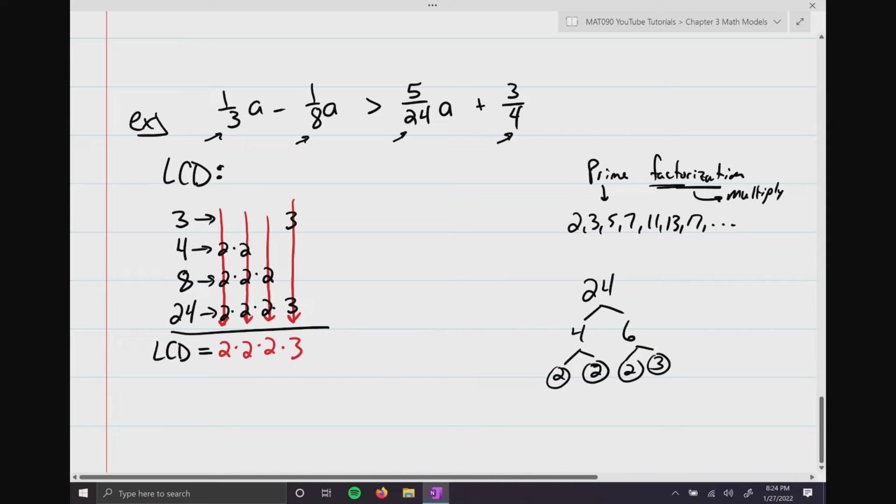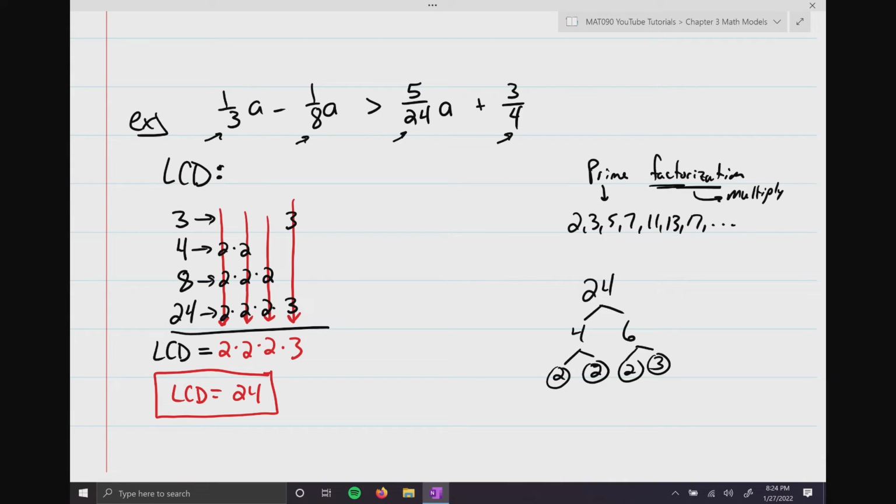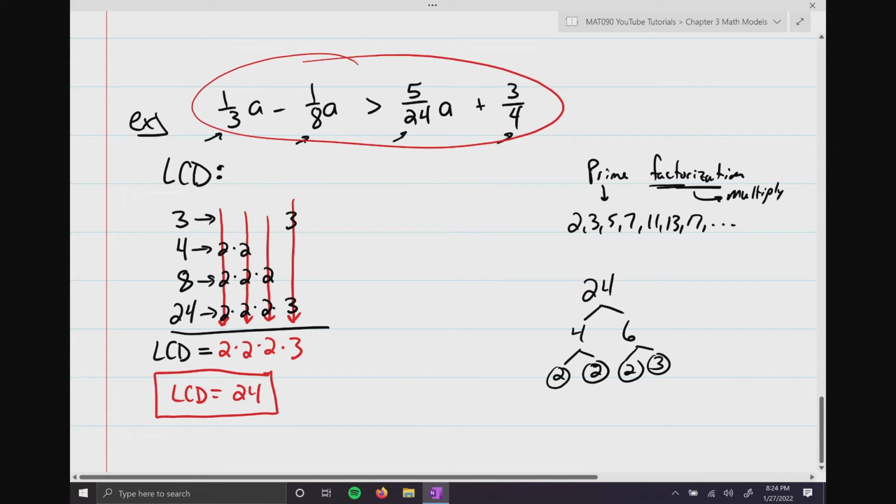So 2 times 2 times 2 times 3 means my LCD is going to be 24. So what do I do with that information? I'm going to take the number 24 and I'm going to multiply it times every single term in my original problem. So let's go ahead and let's do that.